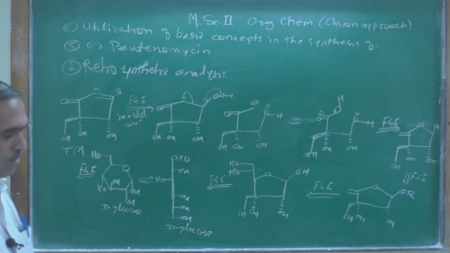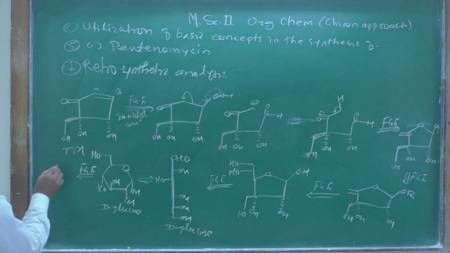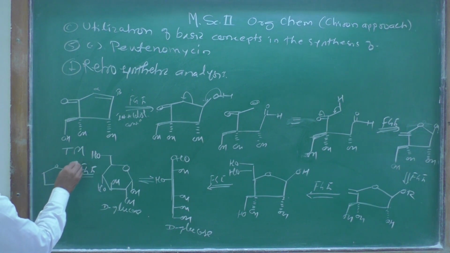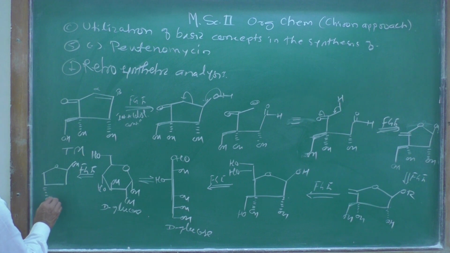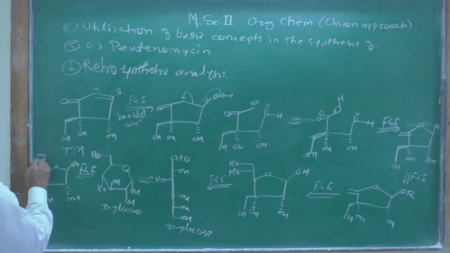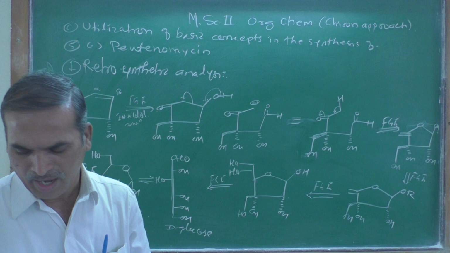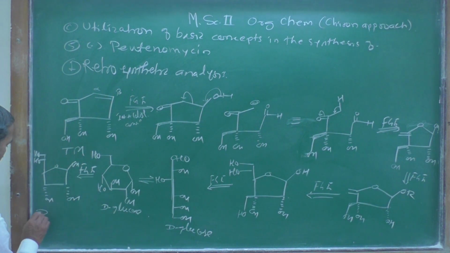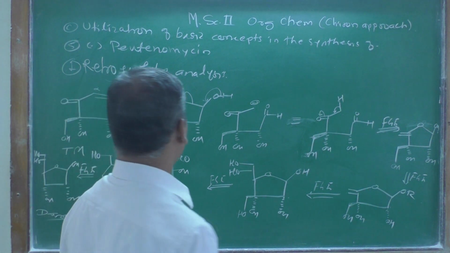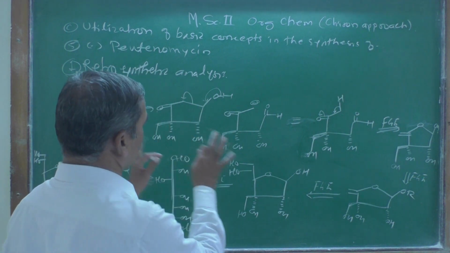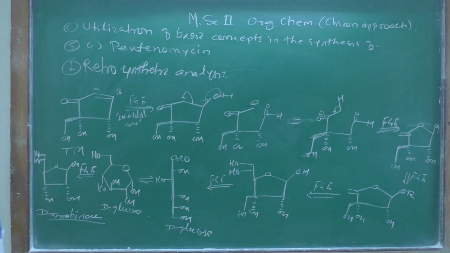This can be obtained from this one: OH, then OH, and here HO, and here also HO, that is D-arabinose. This is the structure of D-arabinose, and from that we can prepare this, the retro of this minus pentenomycin.